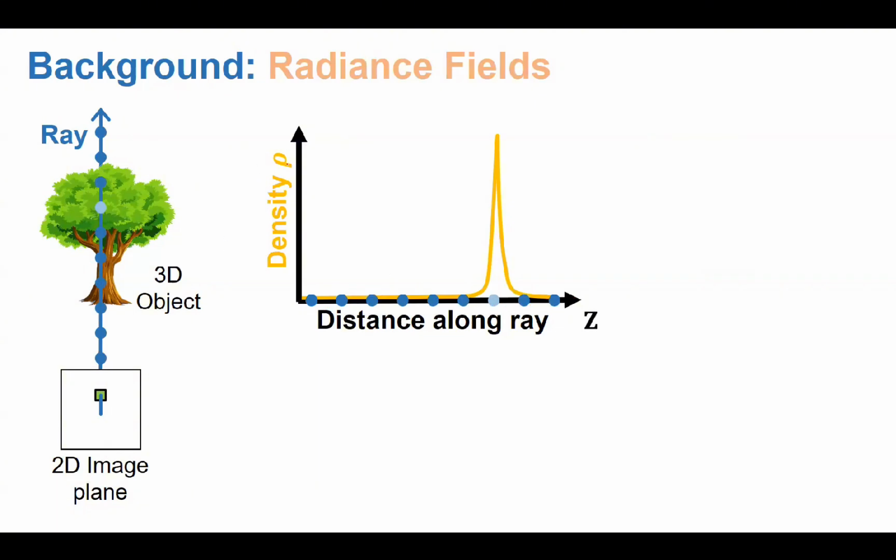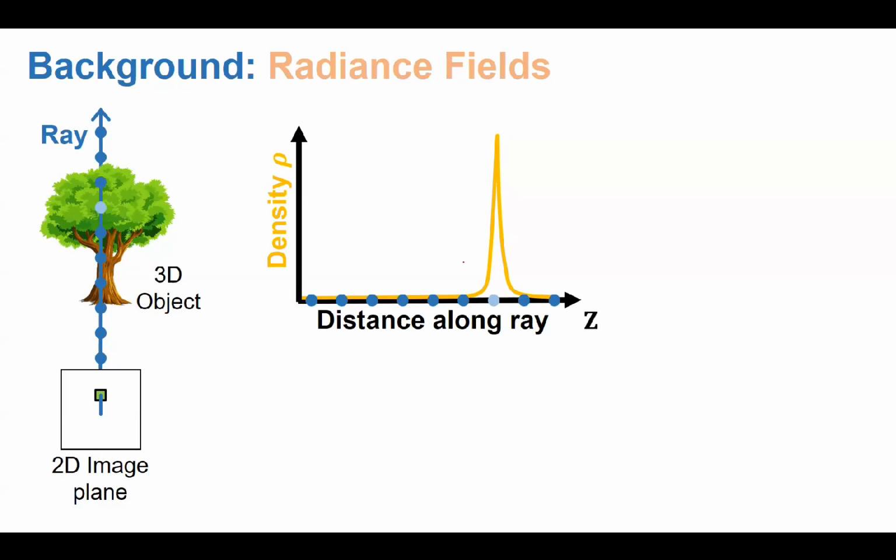One is the density of the point in 3D space, which basically means: is it free space or is there some object at that point? So you can see for this example, from the camera until we hit the tree, it's free space, density 0, and then a point with very high density appears.